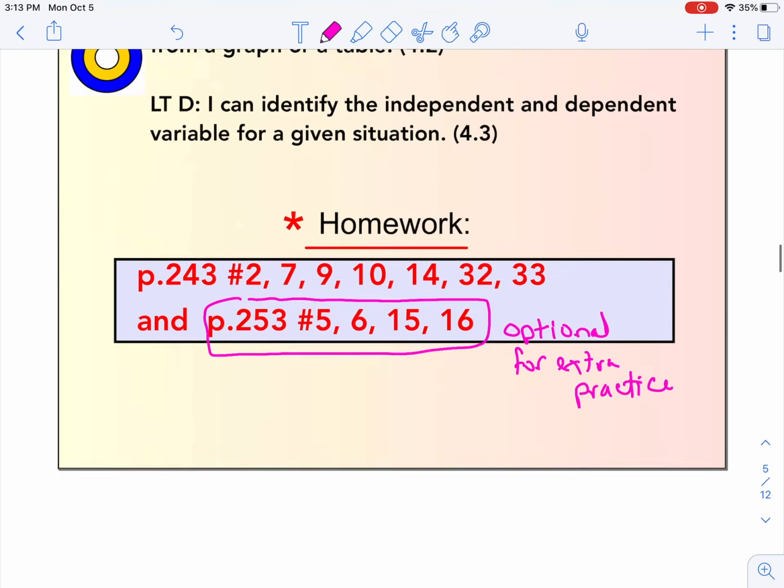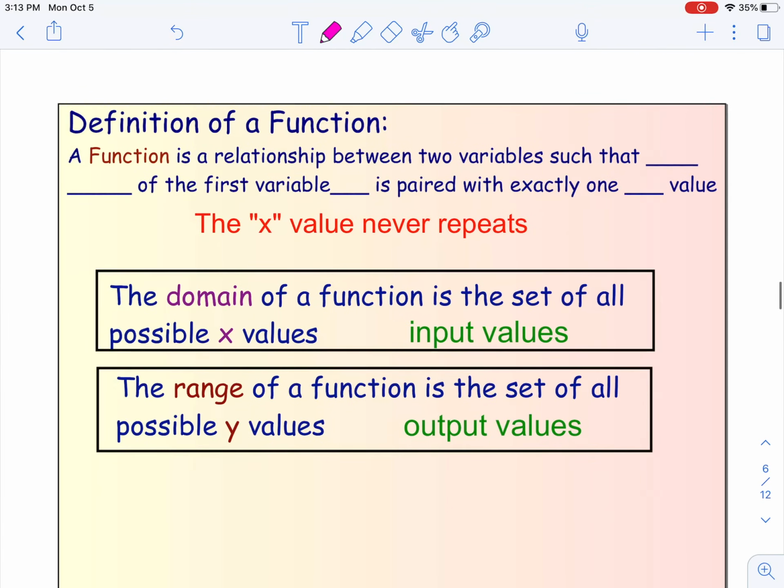Okay, so we go back. We always want to go back and review as we go forward, because some of this is very important and continues to carry forward. A function is a relationship between two variables such that each value of the first variable, that is our x, is paired with exactly one y value.